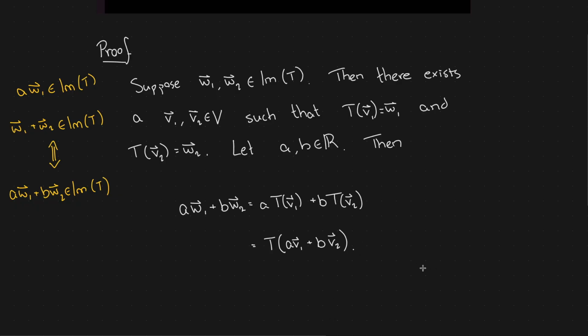And I'm done. Because I found that the transformation of some vector in V is equal to this vector here. Okay? A linear combination of W1 and W2. I know, by the way, that this is in V because V is a vector space. And vector spaces are closed under scalar multiplication and closed under vector addition.